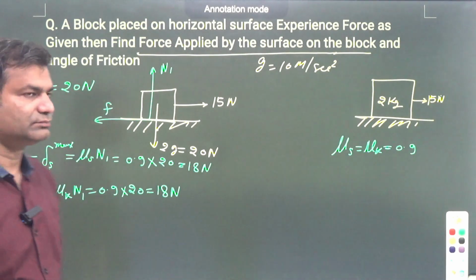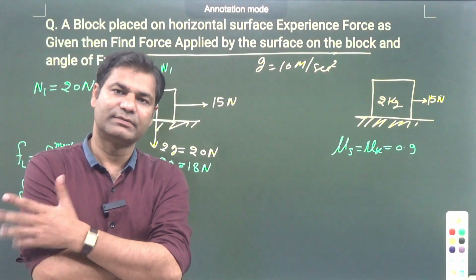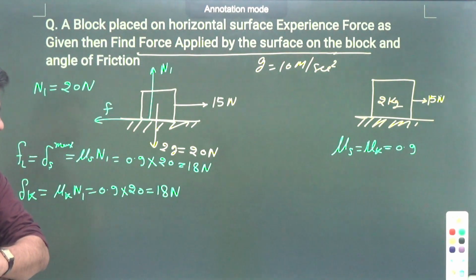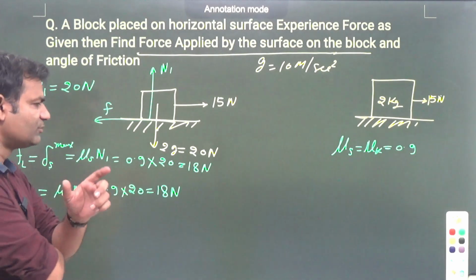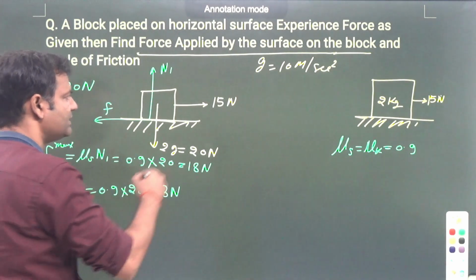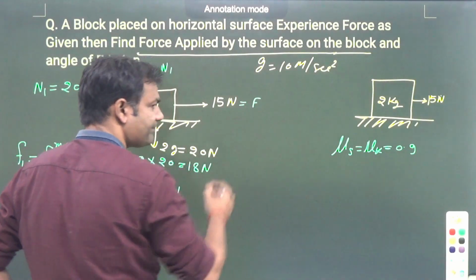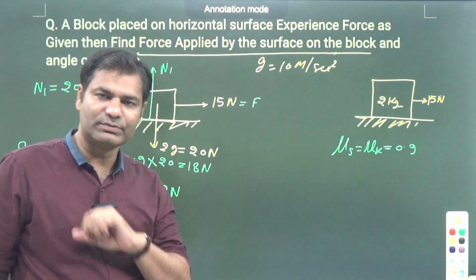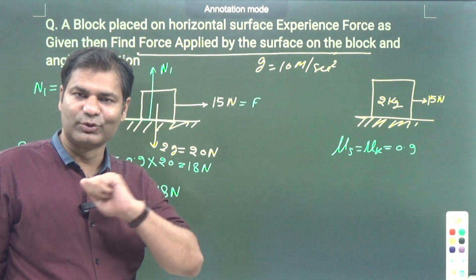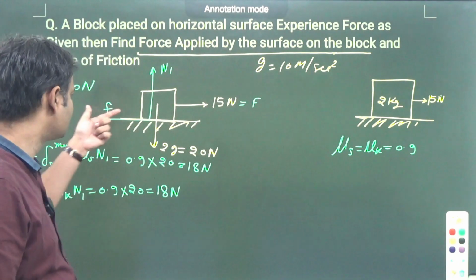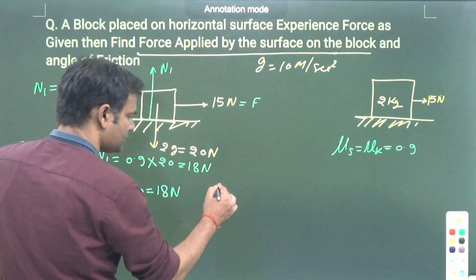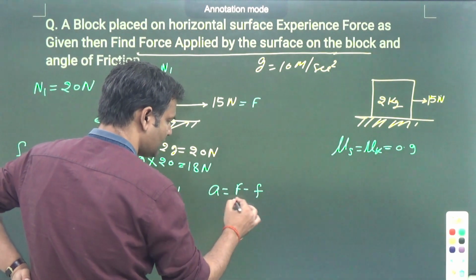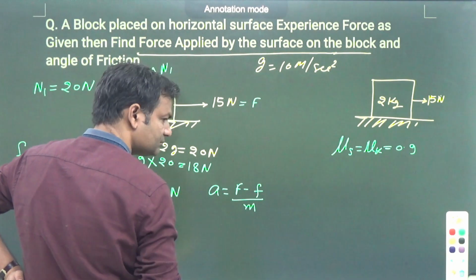Next, suppose this force is capital F. The block moves only if the net force is capital F minus small f, so acceleration A is (F minus f) divided by mass m.